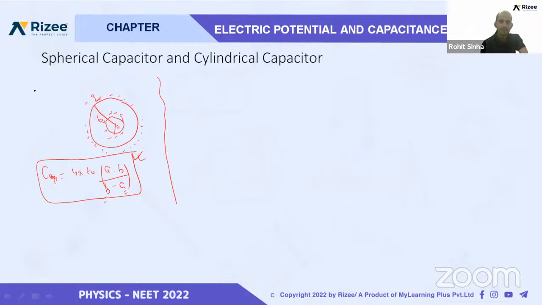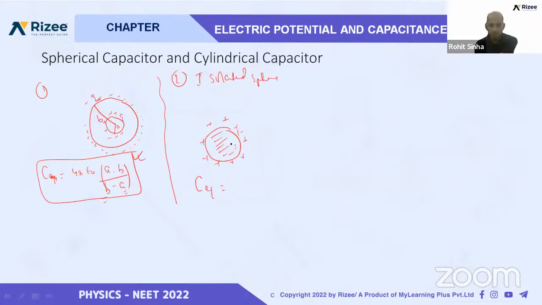Second, if we have only an isolated sphere, suppose one sphere is present with a positive charge like this, and you have to find its capacitance. If the negative plate is not given, we assume that the negative plate is at infinity.